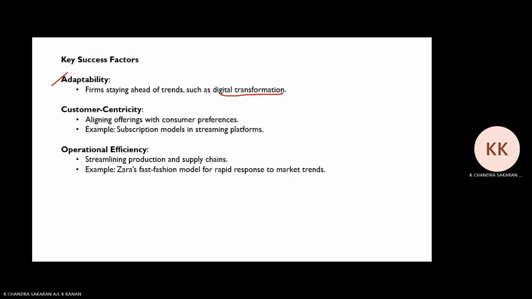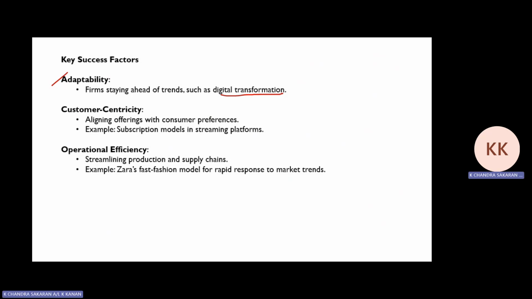Customer centricity. That means giving more importance to customer preference. What the customer wants, the market provides. The focus is on the customer. So nowadays you find a lot of customers prefer watching movies online, everything they do online.